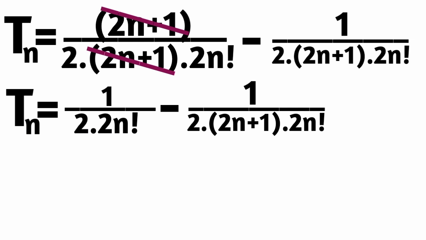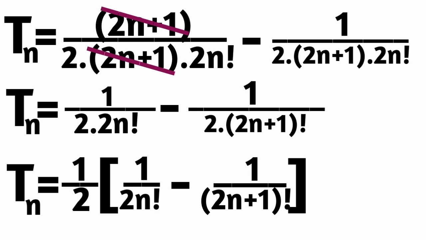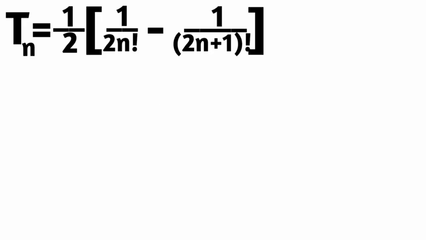Okay, now the second term, 1 divided by 2 into 2n plus 1 into factorial 2n, can also be written as 1 divided by 2 into factorial 2n plus 1. And now the general term of the given series will be equal to 1 by 2 into 1 divided by factorial 2n minus 1 divided by factorial 2n plus 1.